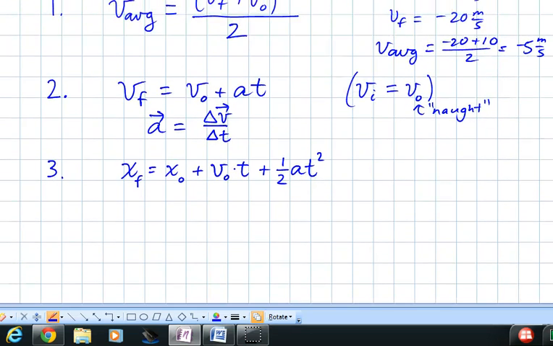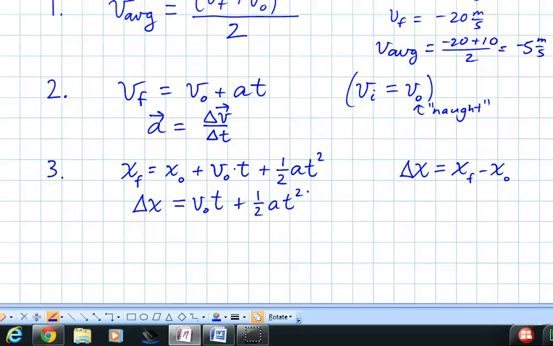And sometimes, since we know that a change in position is final minus initial, we'll simply write this as delta x equals V initial t plus 1/2 a T squared. And you'll recognize this from the Airtable Antics lab. We've got our two different types of motion in the two terms. And I'll leave it to you to try to remember what each of those correspond to.